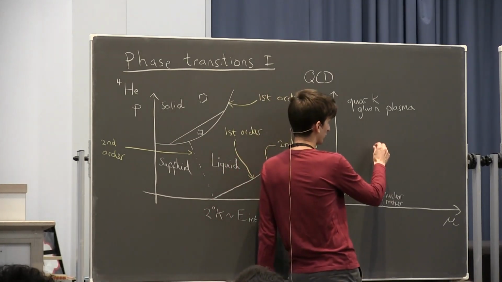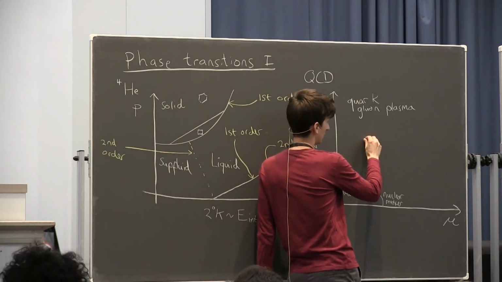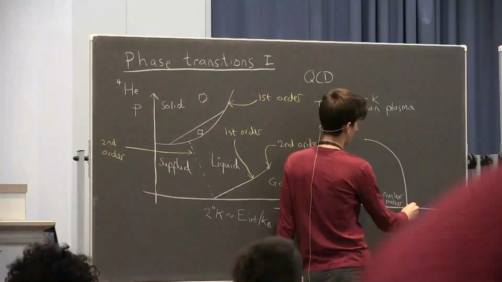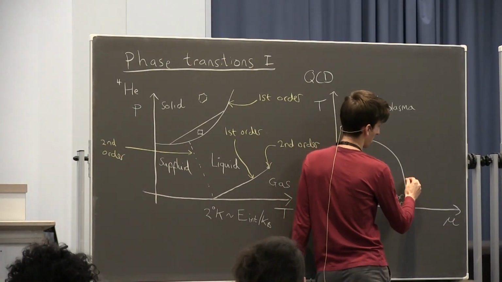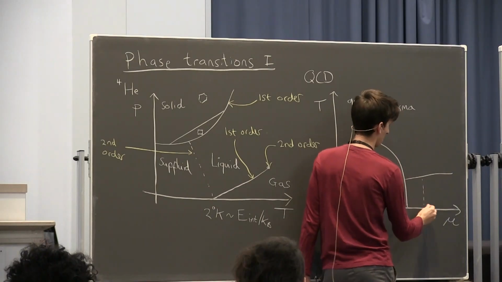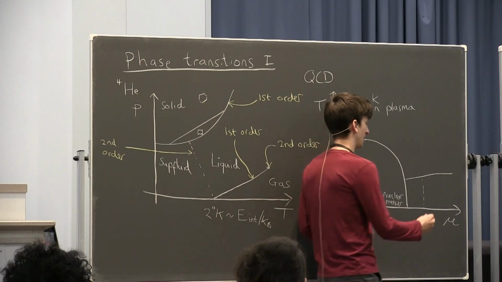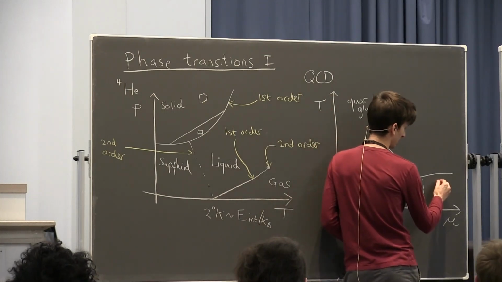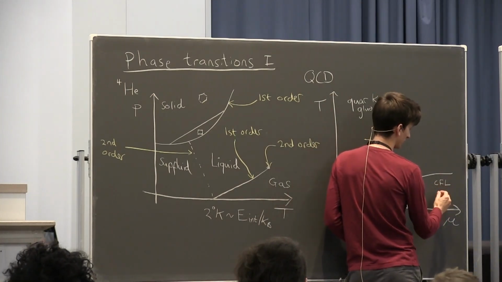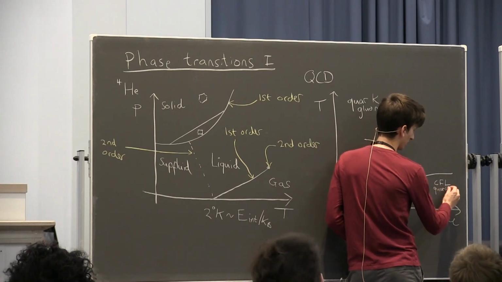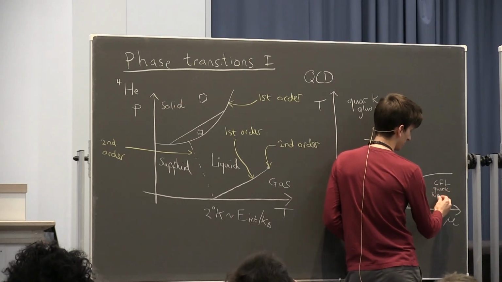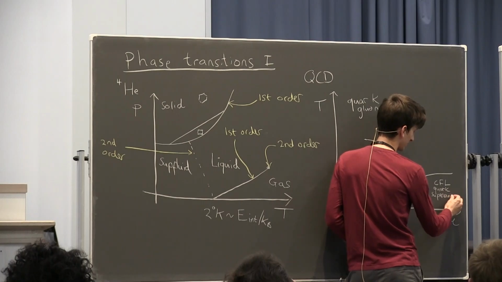And then let me draw some other stuff in here. At very high chemical potentials, there is a color flavor locked quark superconducting phase.